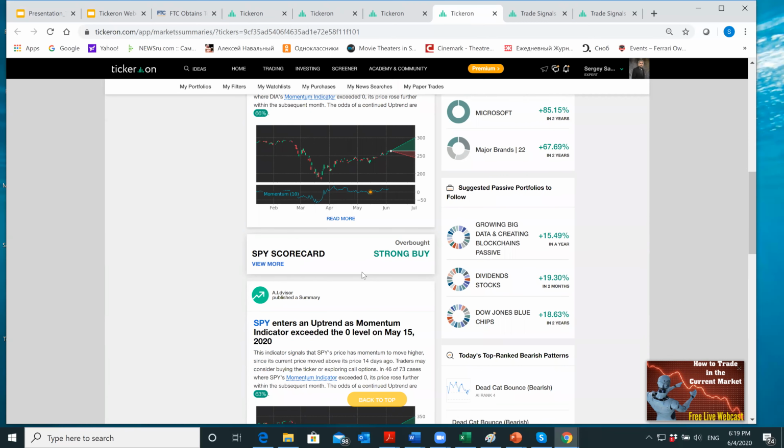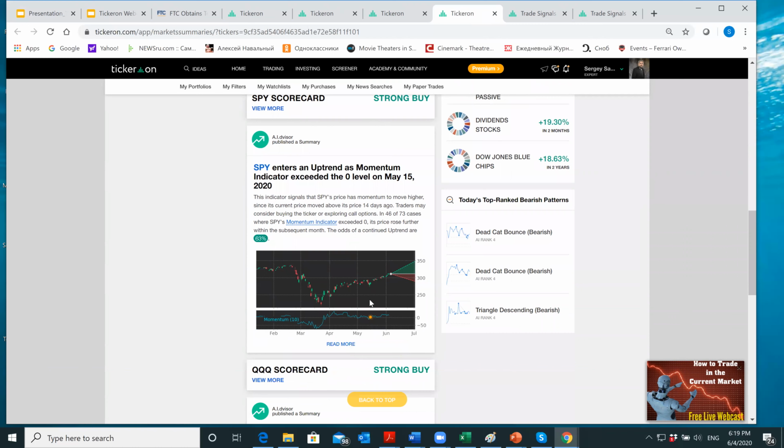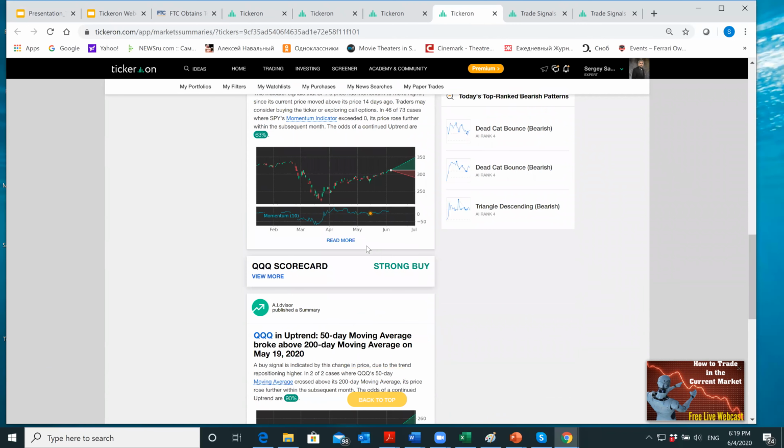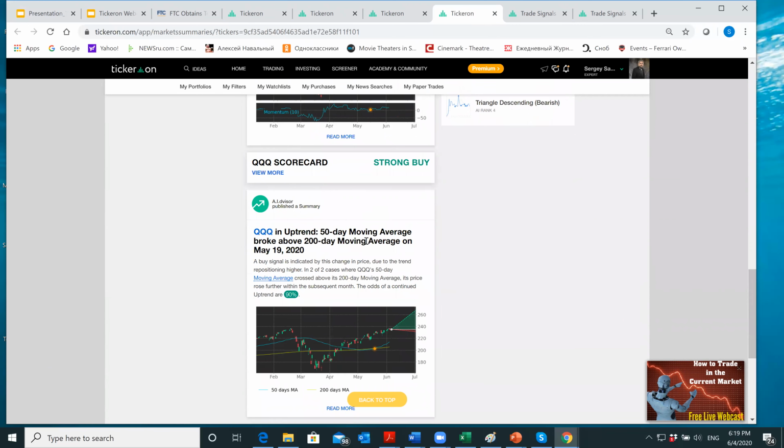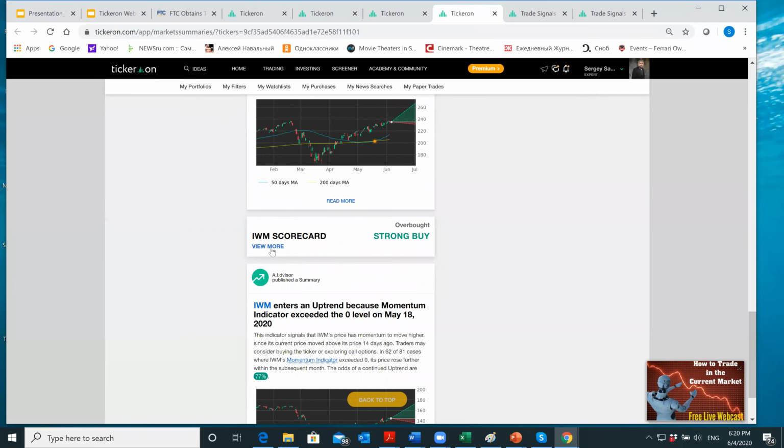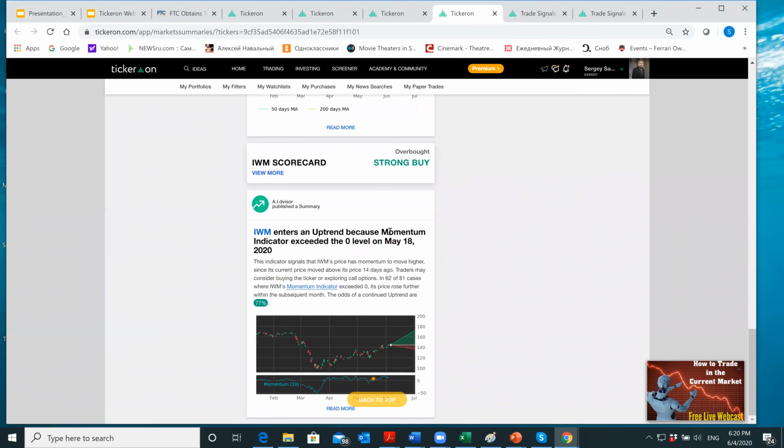So SPY, still strong buy. Then here was also the momentum indicator. On the NASDAQ, strong buy. And as you can see, that was another cross section of the two moving averages, 250-day moving averages, and then IWM, strong buy, also momentum.